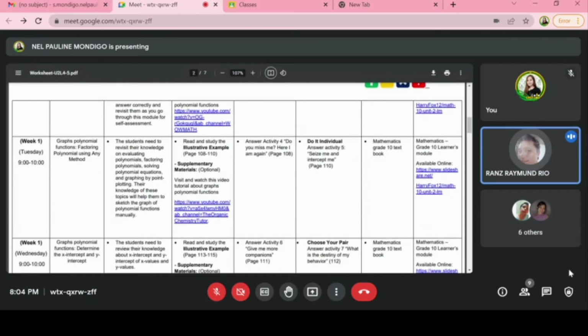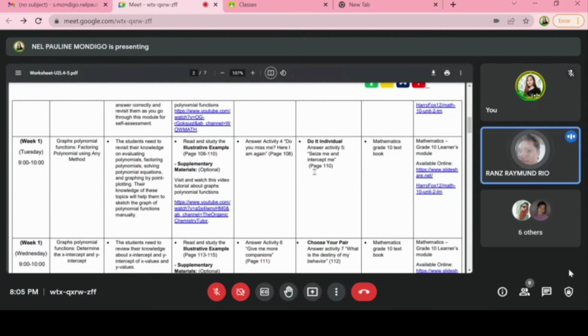For the discussion, read and study an illustrative example, pages 113 to 115. For supplementary materials, the students can visit and watch this video tutorial about graphing polynomial functions and determining the x-intercept and y-intercept, for which we will give the link.